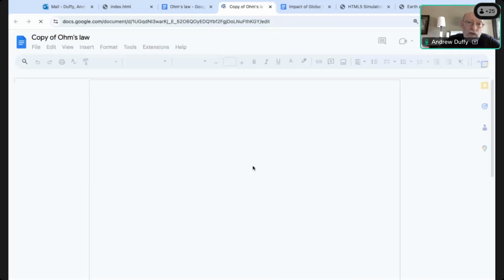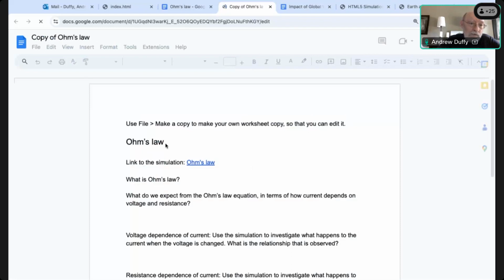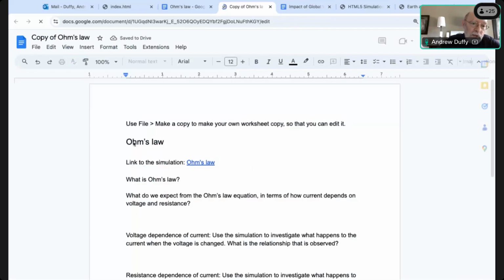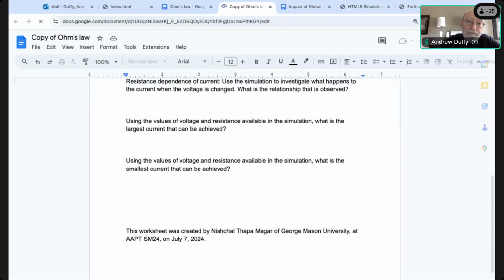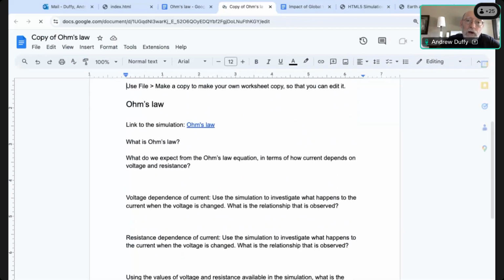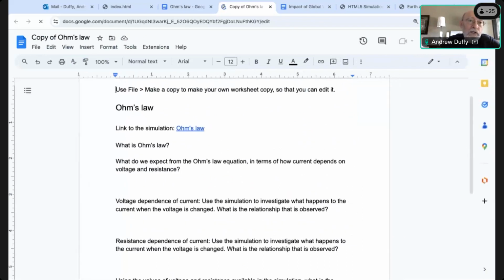I can now change this to be whatever I want, right? It doesn't have to be on Ohm's law anymore. It could be on some projectile motion simulation. So I'll change the title, I'll change questions, I'll change the link, and then you get a new worksheet to go with a different simulation. So I think it's super easy to do. Google Docs just make it very easy to edit.